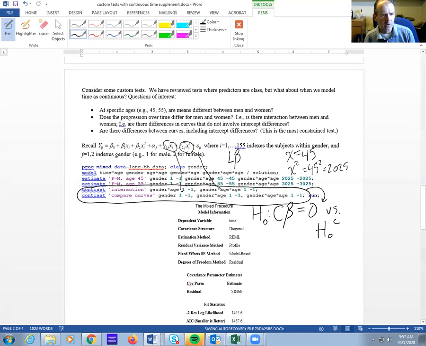If we were to also consider intercept differences, we add this term to compare gender, the main effect for gender, right? Or, not really main effect, but it's the intercept difference for gender. Main effect would really be comparing men and women at the average value over ages. Okay, that's the distinction I would make there.